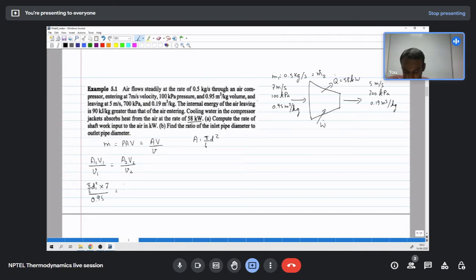This is equal to pi by 4 D2 square for the area 2, and V2 is 5 meter per second, divided by specific volume 0.19. So this will give D1 by D2, and I can cancel the pi by 4 values. D1 by D2 is equal to the root of 5 by 0.19 into 0.95 divided by 7.